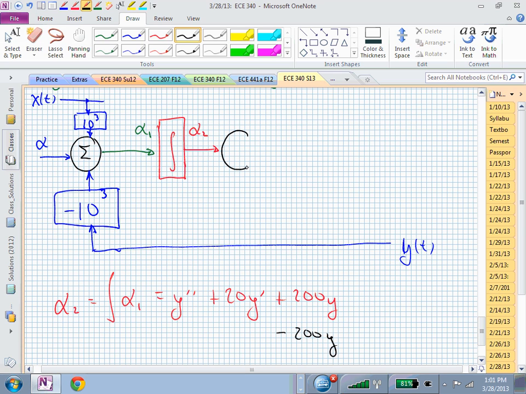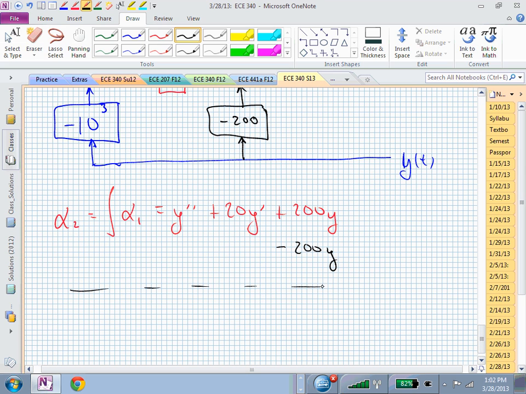Meaning now I take this and put it into a summing junction. Alpha sub 2 is one of my inputs. Now I take 200, change the sign, and subtract that from alpha sub 2, and what's left over? Alpha sub 3, which is y double prime plus 20 y prime.